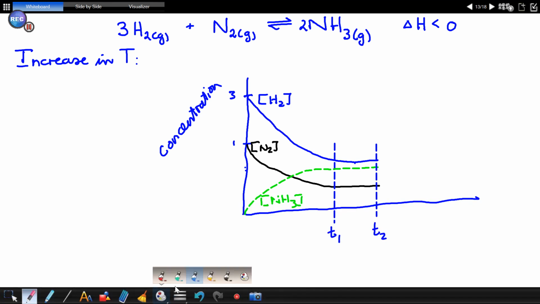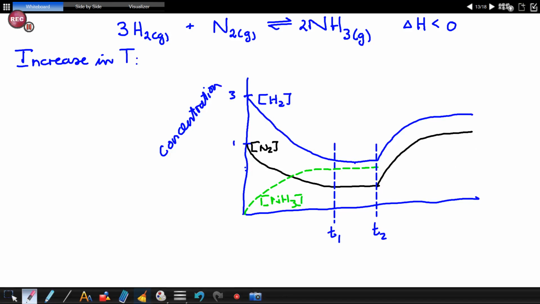So for hydrogen, it will be a gradual increase until equilibrium is established. That's when heat is added. When you are increasing the temperature, when you add heat, yes. And so will the nitrogen concentration. It will gradually increase to reach a new equilibrium.